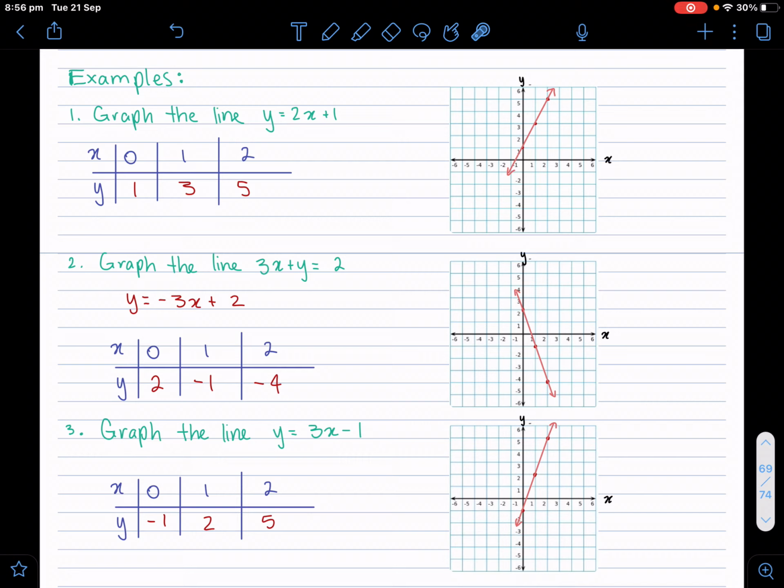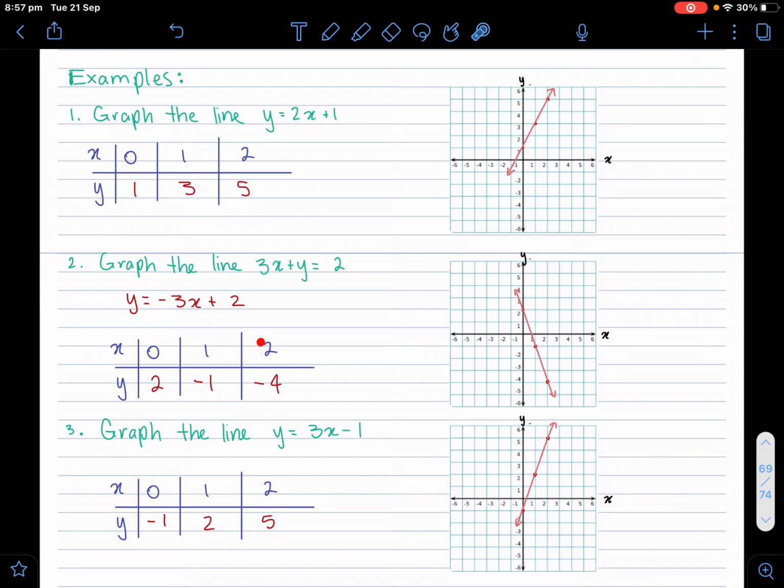So for the first one, y is going to equal -3 times whatever x is plus 2. So -3 times 0 is 0, plus 2 is 2. For the next column, -3 times 1 is -3. -3 plus 2 is -1.